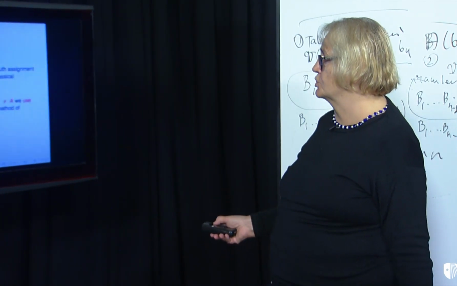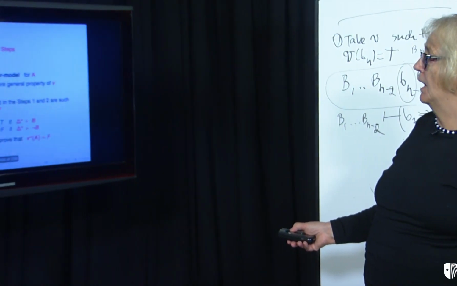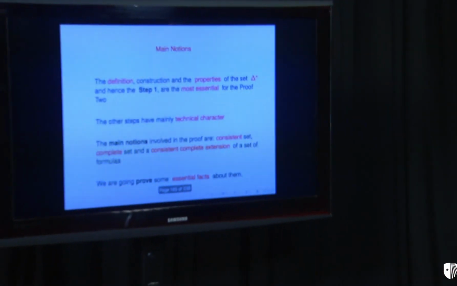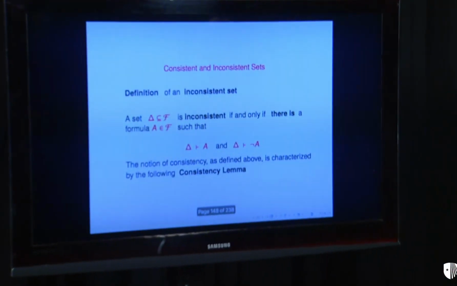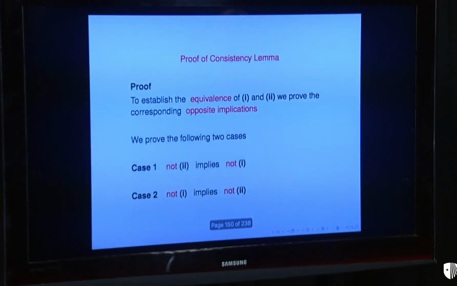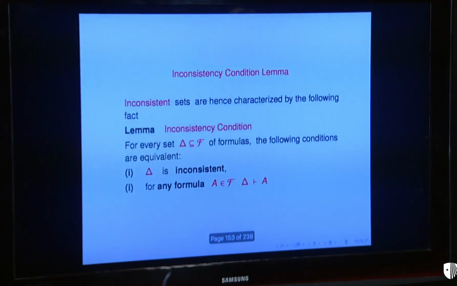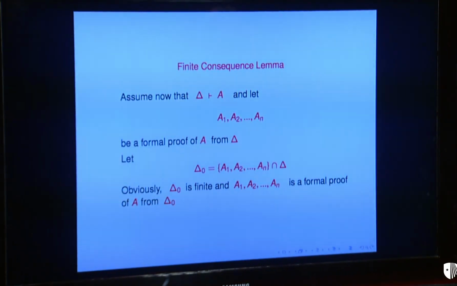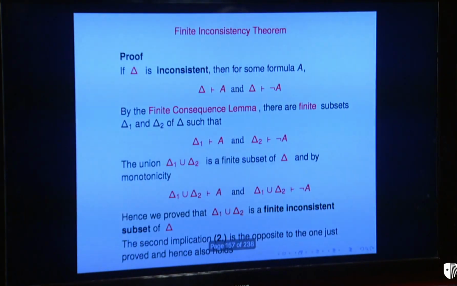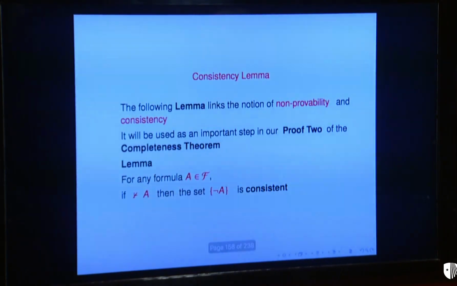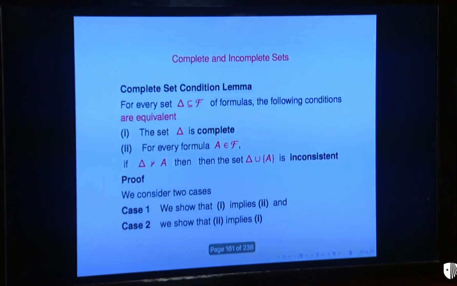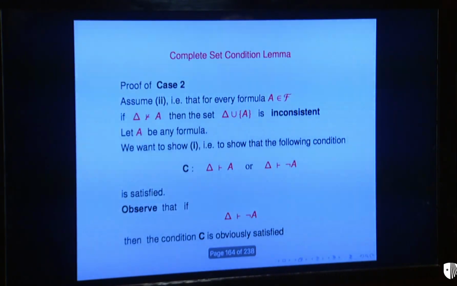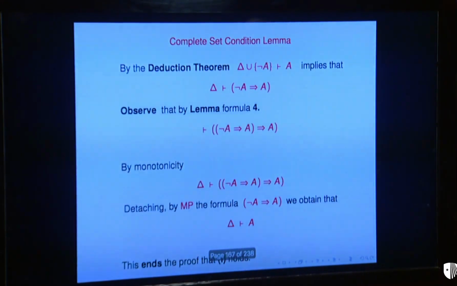But I just want to show you first how complex the consistent and inconsistent cases are, how complex the proof and constructions are, very, very complex. That's why it's worth looking at it.